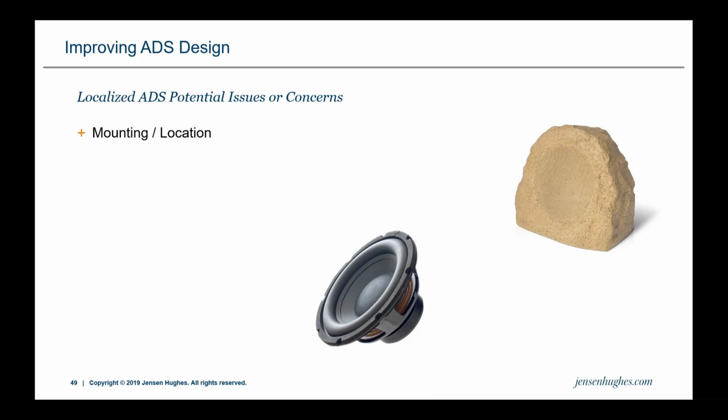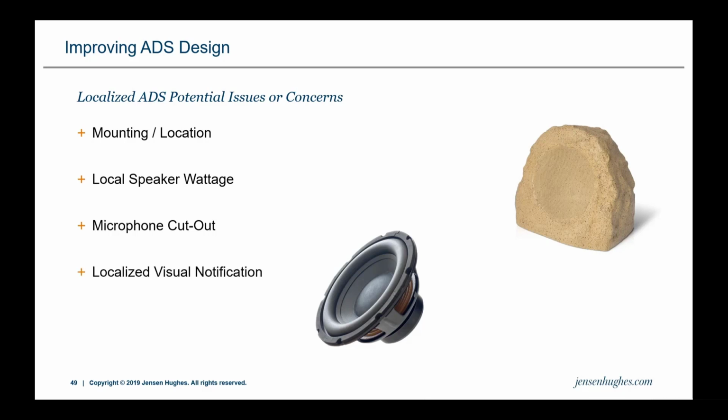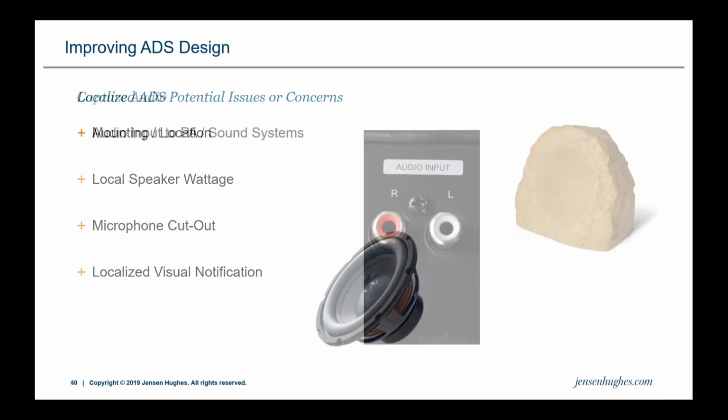In fact, we probably shouldn't be that loud. If there's an ECS microphone, like at an airport gate or even in a fire command center, do you need a speaker cutout to prevent feedback when making emergency announcements? And do you need to marry the loudspeaker with some kind of visual component like a strobe? And if so, how are you going to do that?